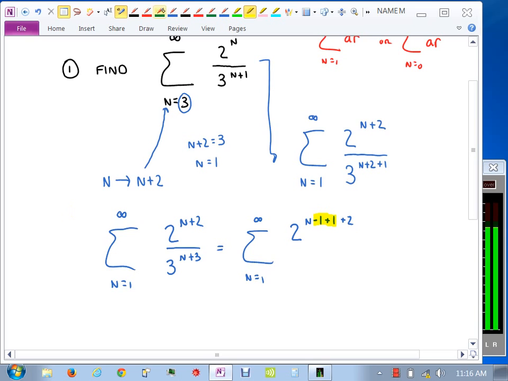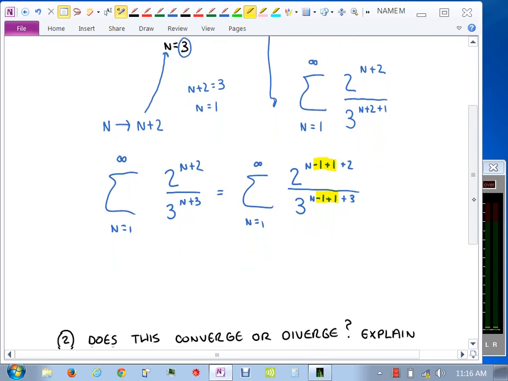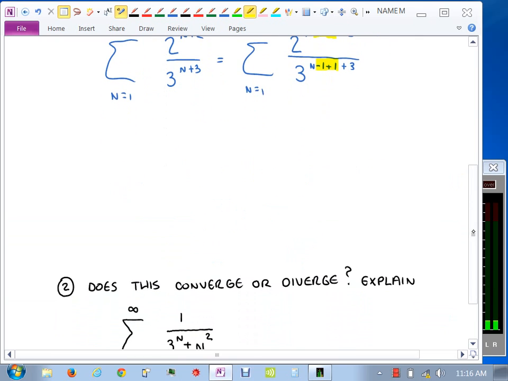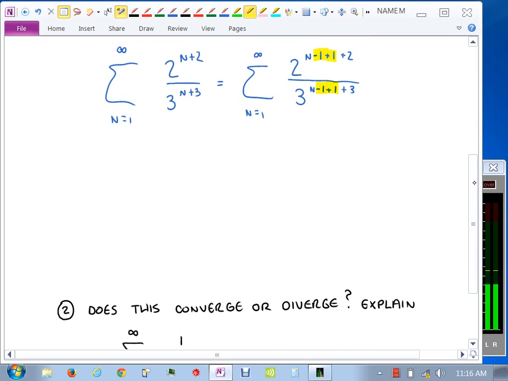And then the other one on the bottom, do the same thing, 3 to the n minus 1 plus 1, but I already had down there plus 3. So again, introducing my hidden 0 there. Which means I have sum n equals 1 to infinity of 2 to the n minus 1 over 3 to the n minus 1.